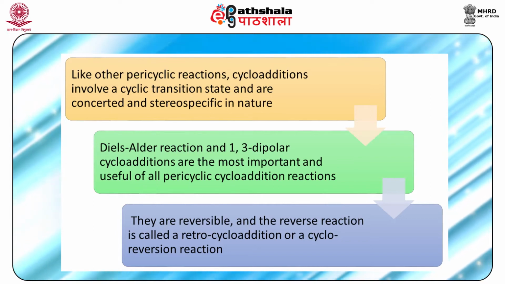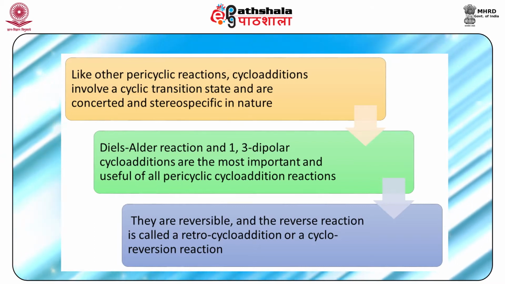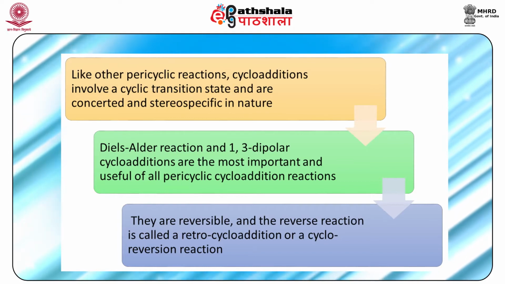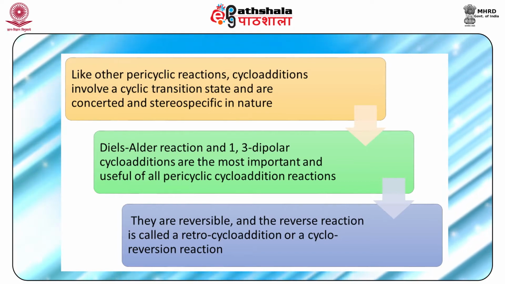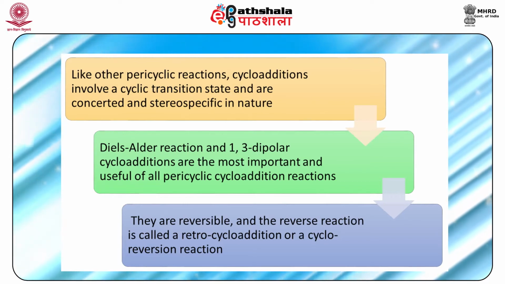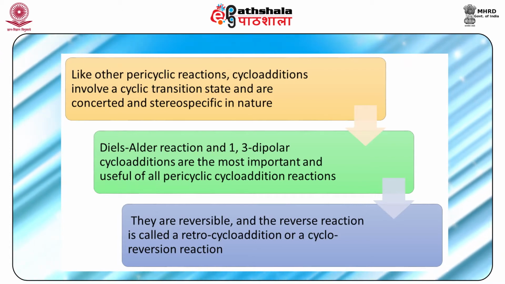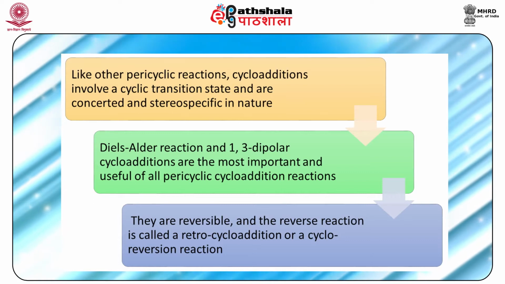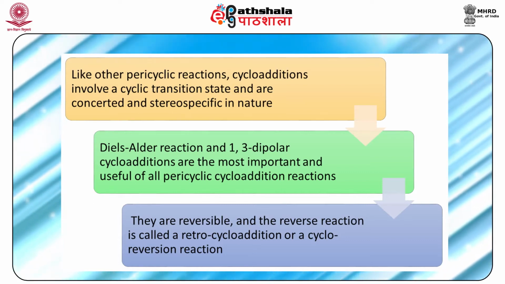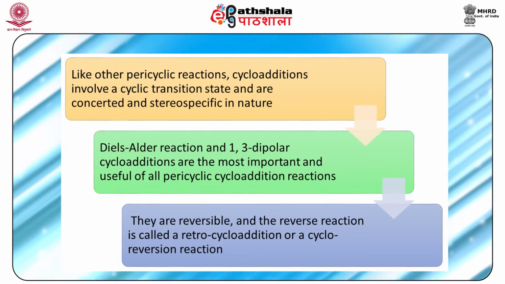Diels-Alder reaction and 1,3-dipolar cycloadditions are the most important and useful of all pericyclic cycloaddition reactions. They are reversible, and the reverse reaction is called a retrocycloaddition or a cycloreversion reaction.